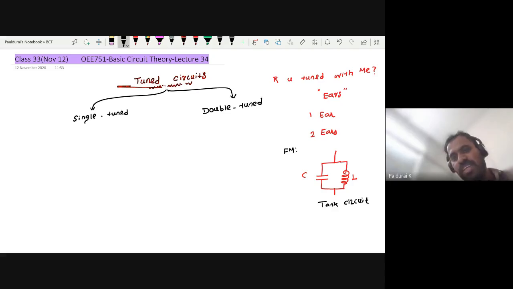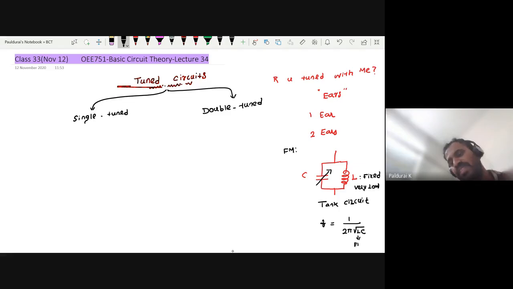Actually here this L is fixed, and this L is very low, so you cannot change this. That's why you are changing this capacitor, and it is a variable one. You are changing the knob, right? You are changing the capacitor, and for the frequency, as we already discussed, F equals 1 divided by 2 pi square root of LC, where L is fixed.